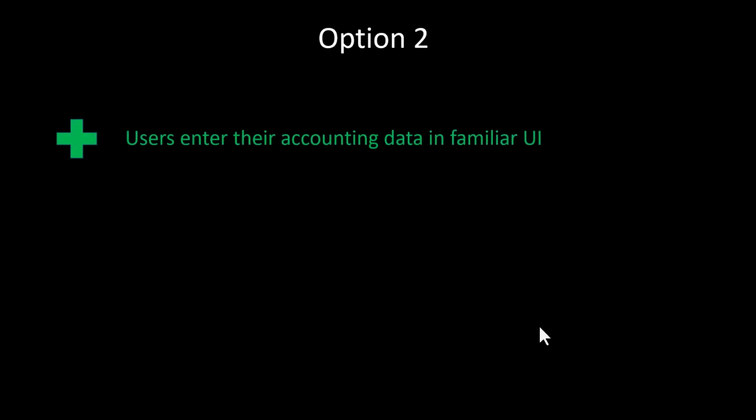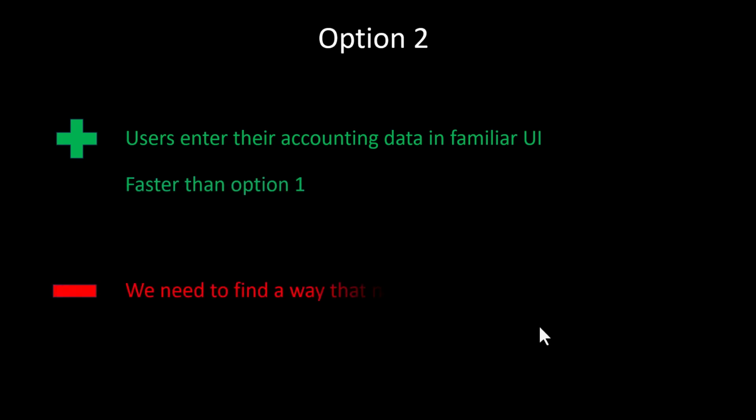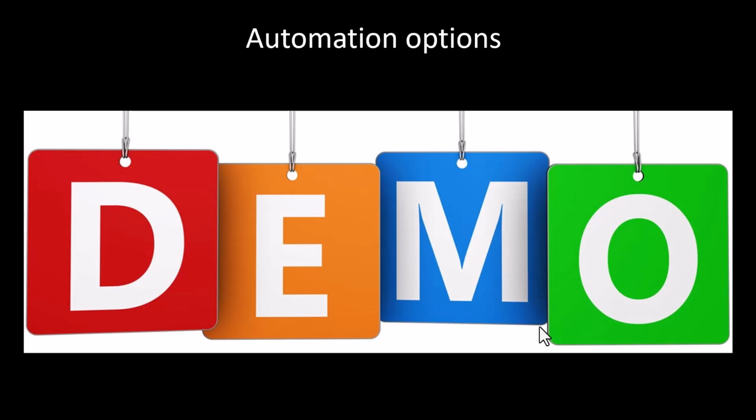Why did I do that? Users can work with the familiar user interface, and it's faster because I need fewer flows. The only thing we have to make sure is that we find a way to ensure that no e-liability transaction is forgotten, but I will give you some hints on what we can do. Now let's have a look at how you can implement this, and for that reason, I switched to my demo system.